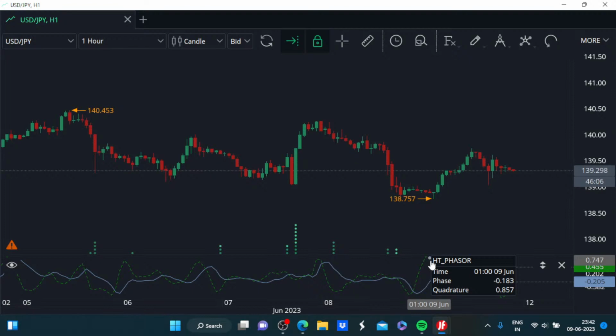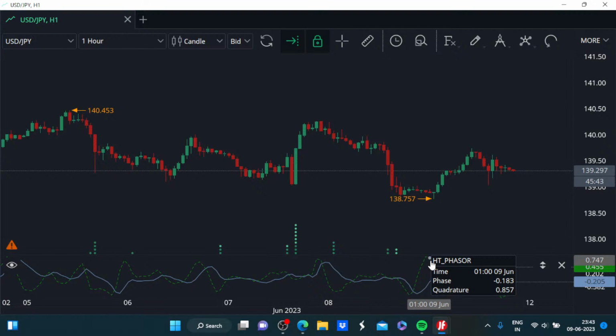And to figure out the direction, we will have to consider the way the in-phase component and the quadrature component are moving. In general, if both of these components are moving downwards, then that is indicative of bearishness. And of course, as I said, the divergence should not be there.